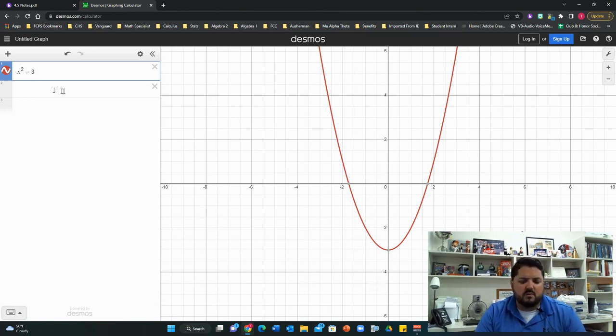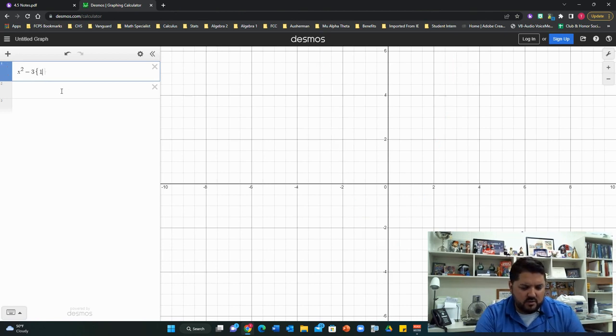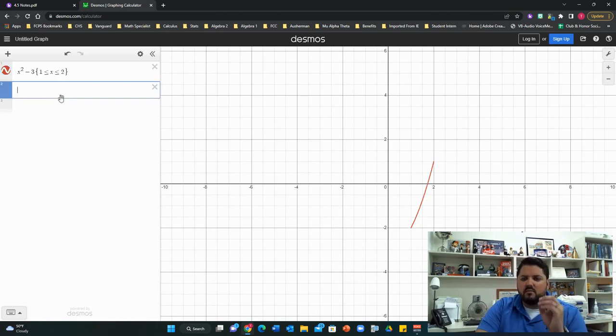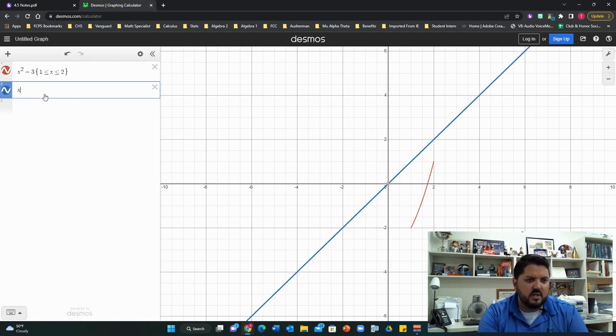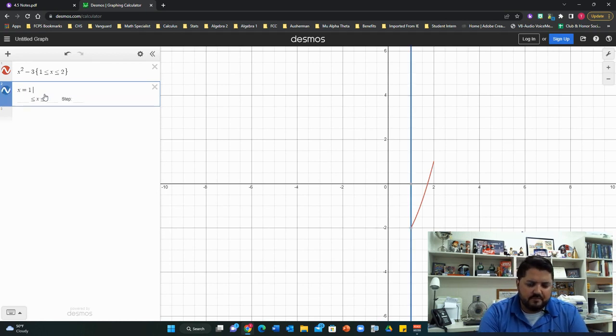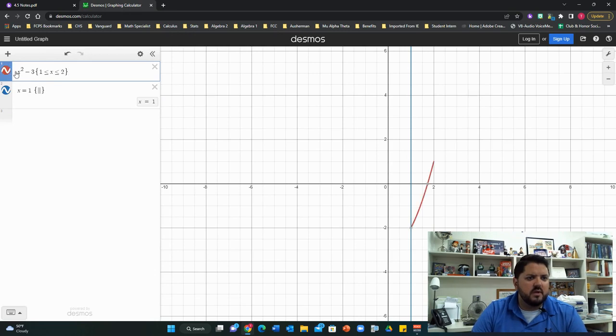Here's my function x squared minus 3. I'm going to put a domain restriction on this from 1 to 2, so that's the only part of the curve that I see. But again, that region is partially below the x-axis and then partially above. Let's polish this up a little bit.